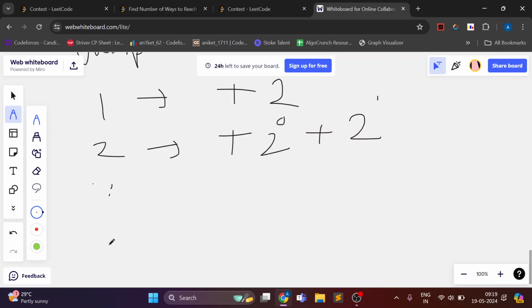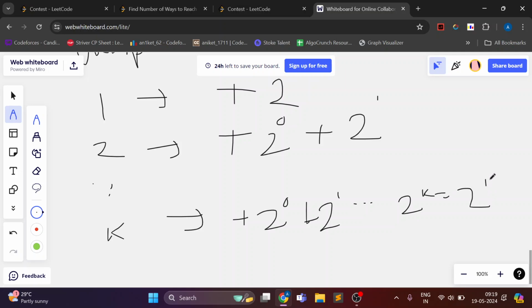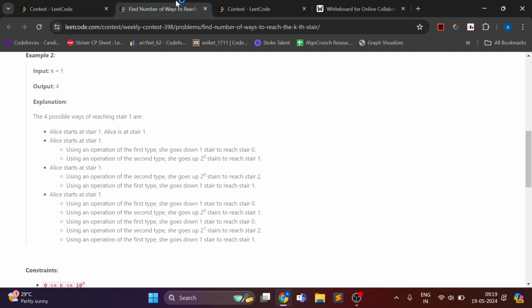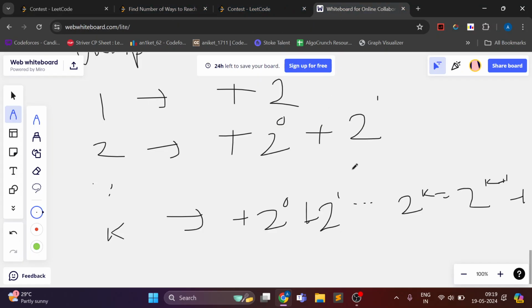Similarly, if there are k jumps, the addition to the current stair would be up to 2 raised to power k, which I can represent as 2 raised to power k plus 1 minus 1. So this is the first observation: the jump is always increasing consecutively, so the additions will always be consecutive powers of 2.